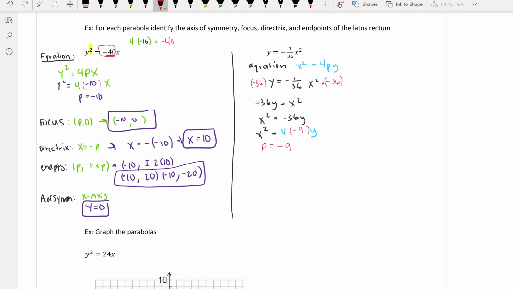So that is really going to help me find all the different pieces of information. So now when I'm thinking about the focus, for the focus I have my equation as 0, comma, p. Well, that would be 0, negative 9. So that would be my focus. The next thing I'm going to want is the directrix.